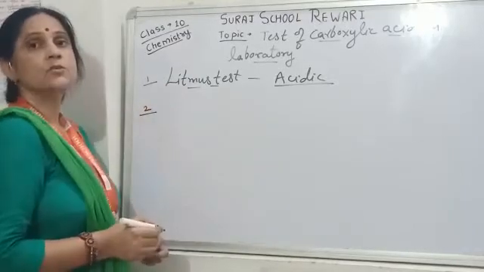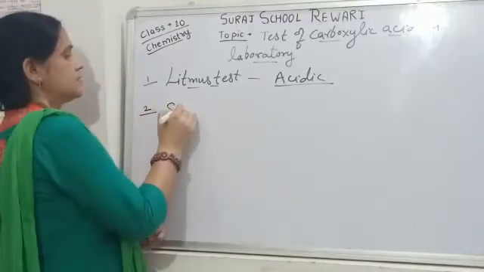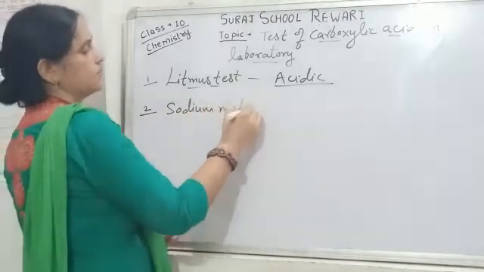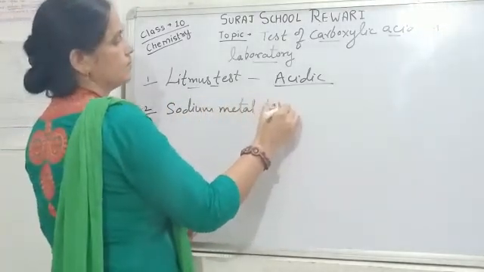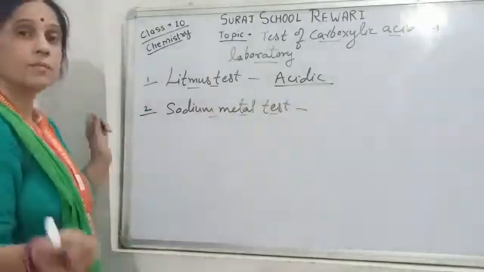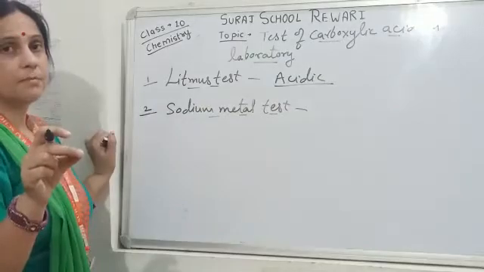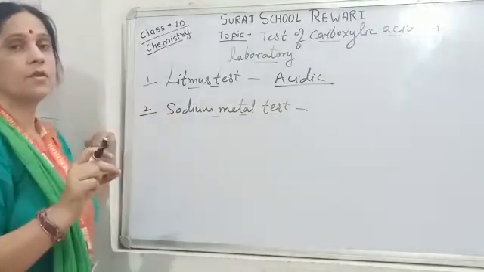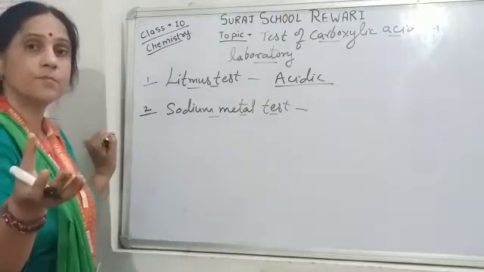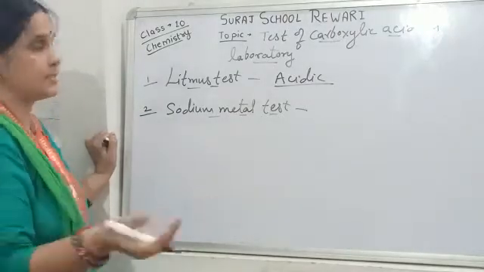Our second test should be the sodium metal test or active metal test. In the sodium metal test, we put a small piece of sodium metal in the given organic compound so that bubbles of gas are produced which burn with a pop sound, that is hydrogen gas.